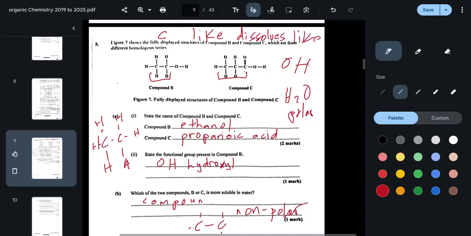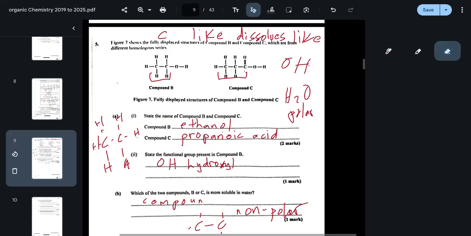It means that polar substances dissolve in a polar solvent. That is why your salt, your sugar, alcohol, they dissolve in water because both of them are polar. But oil doesn't dissolve in water because oil is non-polar. All right? So just remember, once you see the OH, it's polar.